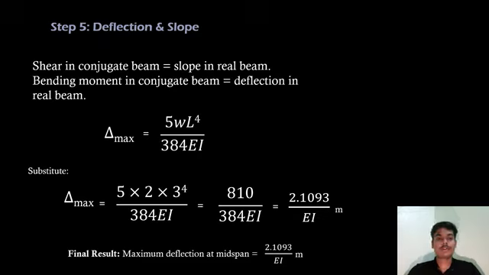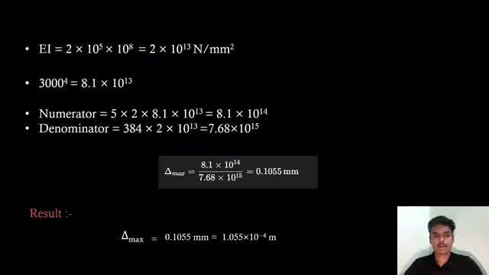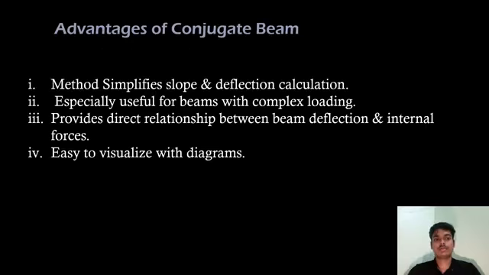Substituting the values from the given data, we get the maximum deflection as 2.1093 divided by EI meter. Now substituting the value of the constant EI, we get 1.055 into 10 raised to minus 4 meter as the deflection in the tailplane of the aircraft.